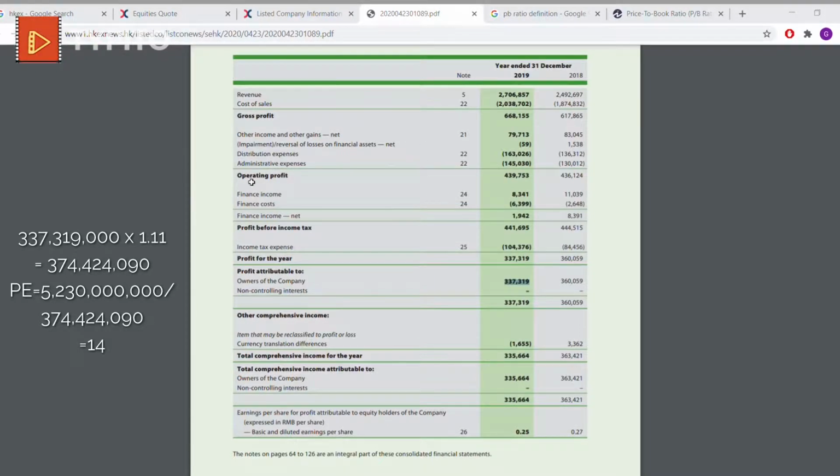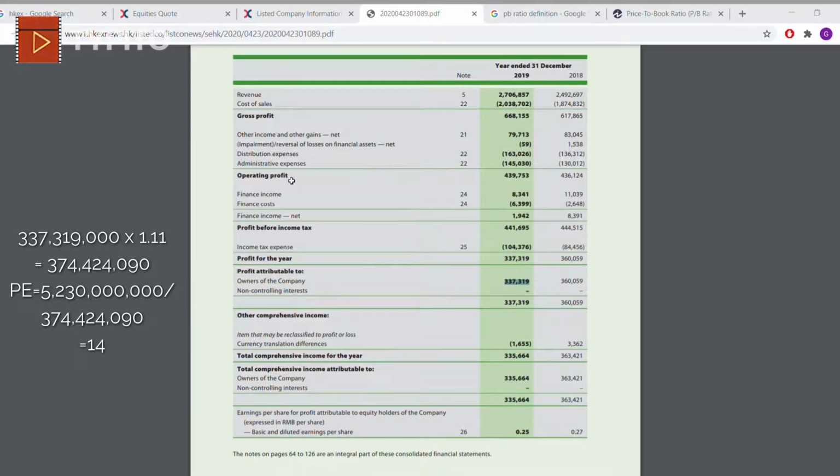Once again, we will need to convert this to Hong Kong dollars. So let's perform the conversion. And the market cap is about 5.23 billion. So the PE ratio would be calculated by dividing the market cap with the earnings, the profit attributable to the equity holders, to the owners of the company.